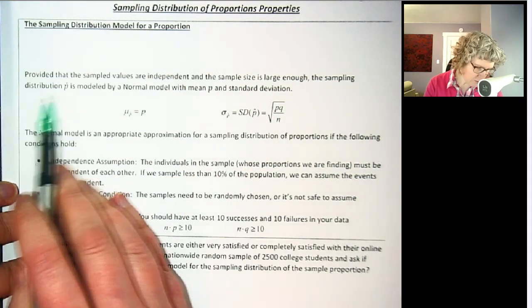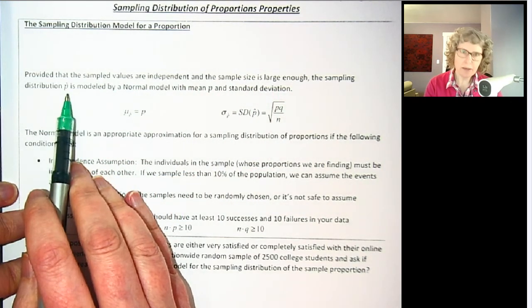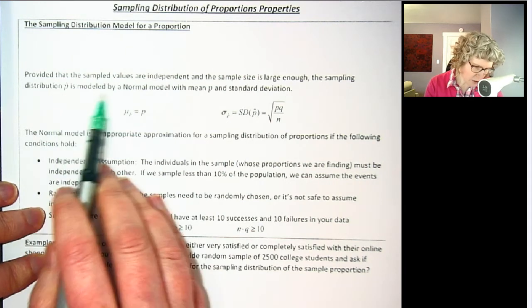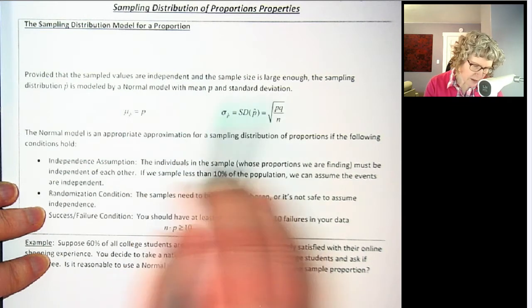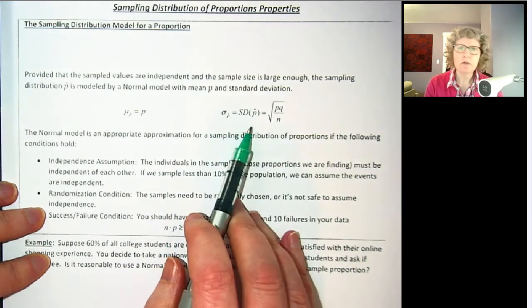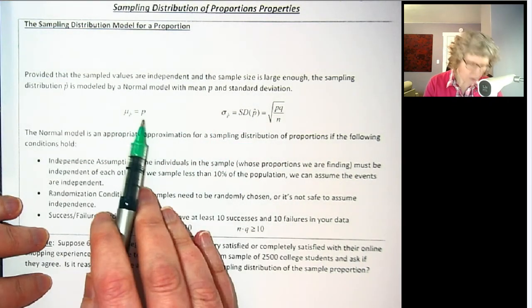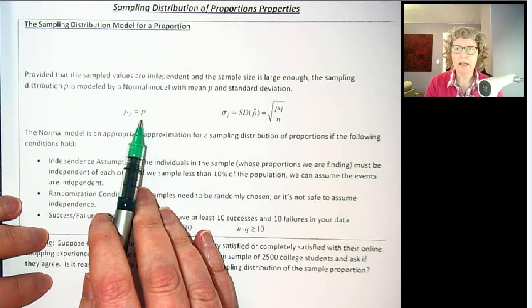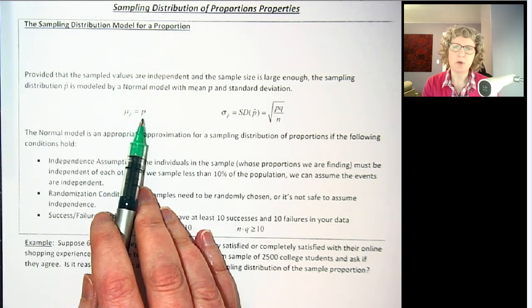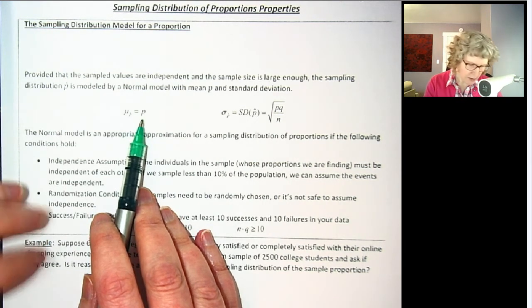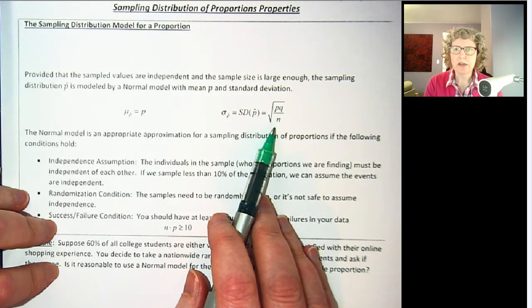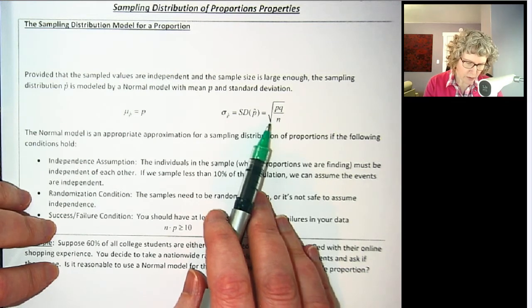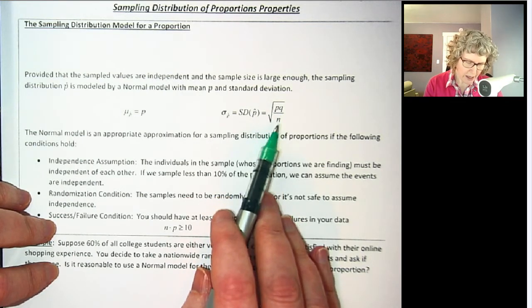The sampling distribution for p hat, the sample proportion, is modeled by a normal model with a mean of p and a standard deviation of this formula here. The great thing is our mean is always equal to that sample proportion, like we saw in the simulation. The standard deviation is the square root of pq over n.